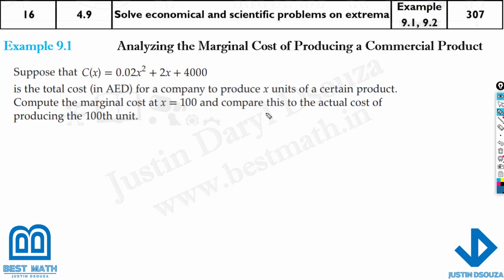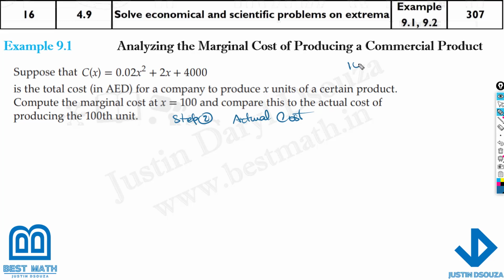So step 2 is the actual cost. Now, how would you find the actual cost? Because this is the total cost equation, we can put in any x value and get the total cost of producing that many units.